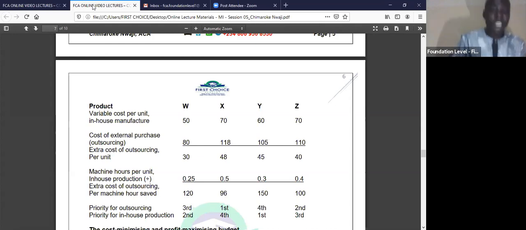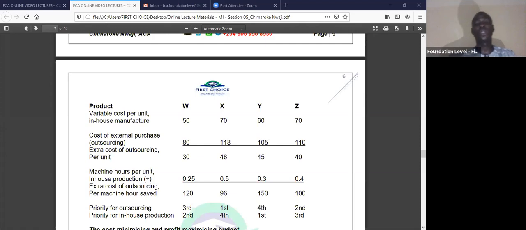Now look at the machine hours per unit, which is the limiting factor. The machine hours are 0.25, 0.5, 0.3, and 0.4. So when you divide the extra cost of outsourcing per unit by this, we say 30 divided by 0.25. Let's do it ourselves here. We have 30 divided by 0.25.